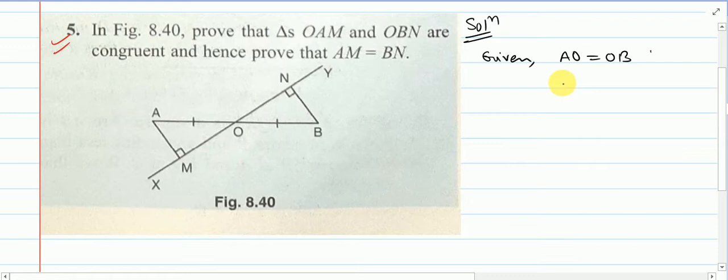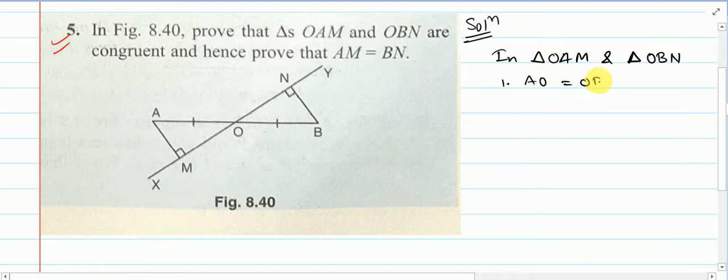Since we have to show that these two triangles are congruent, let us write like this: in triangle OAM and triangle OBN, number 1, AO is equal to OB, given to us, you can see in the figure.